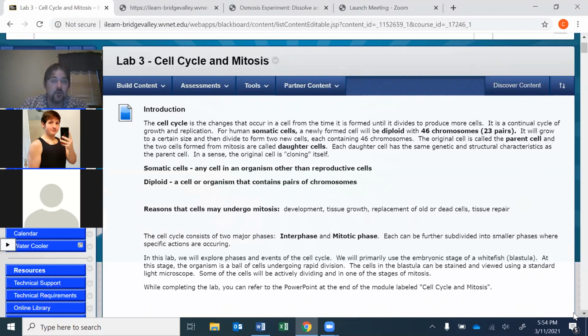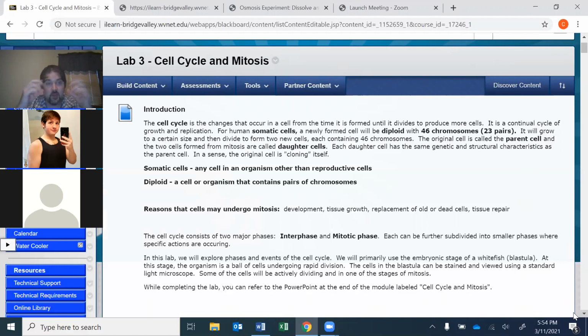Now, if a cell is going to divide and make another cell, it has to make sure that each of the 2 cells produced by 1 dividing has the full instruction book.